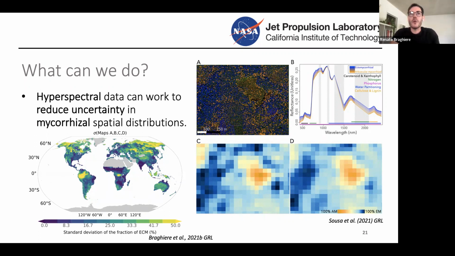So we have these open labs that have this type of data sets. When Dan wrote the paper, he showed the example of Harvard Forest, because we know how every single tree associates with mycorrhizae there, but there are a few other sites on Earth.